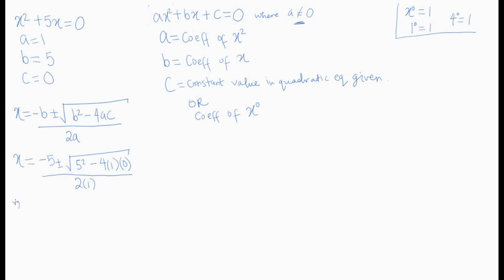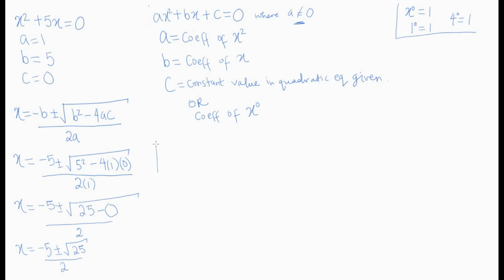So x equals -5 plus or minus the square root of 25 minus 4 times 1 is 4, 4 times 0 is 0, so 25 minus 0, over 2. So next we have x equals -5 plus or minus the square root of 25 over 2.